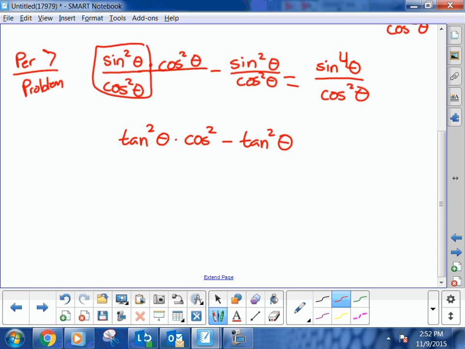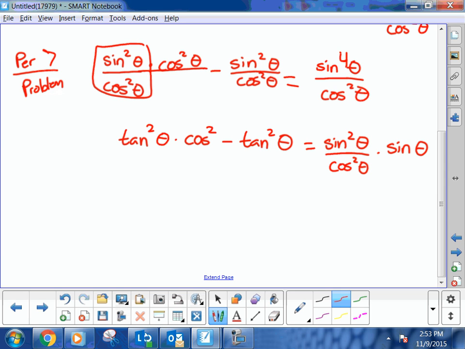The reason we're doing it is because we created this problem, and we're acting like it's the first time we're seeing it. Now, what do we do here? There's a tangent in here because you see the sine in there. So this is really sine squared theta over cosine squared theta times sine squared theta, right?